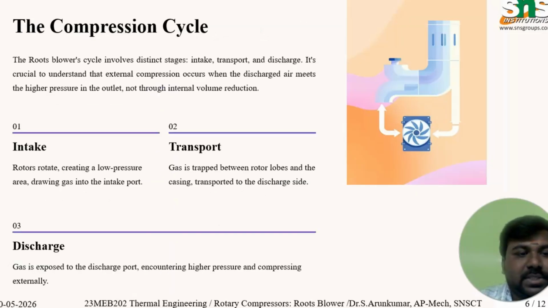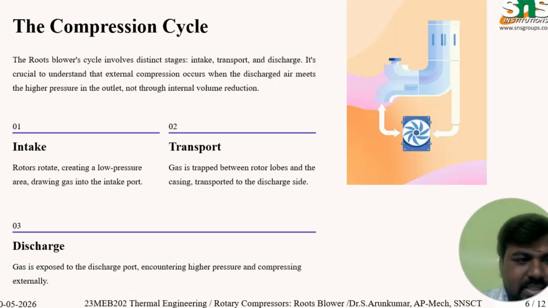Coming to the compression cycle, there are 3 stages. The first stage is intake, the second stage is transport, and the third stage is discharge. The roots blower cycle involves these distinct stages, as I already said. It is crucial to understand that compression occurs externally, when the discharged air meets the higher pressure at the outlet, not through internal volume reduction.